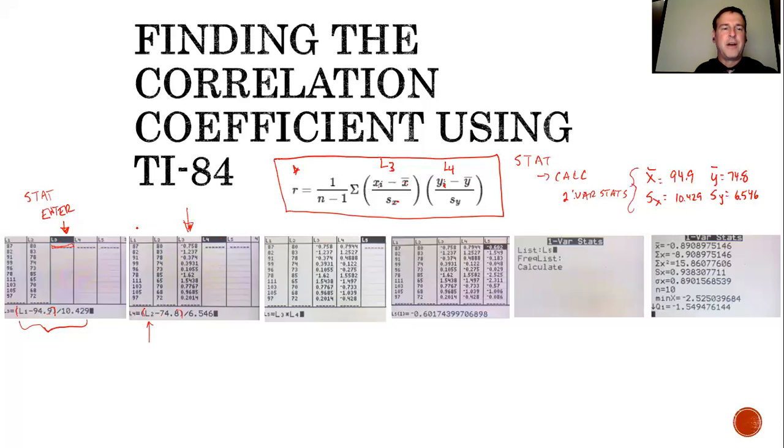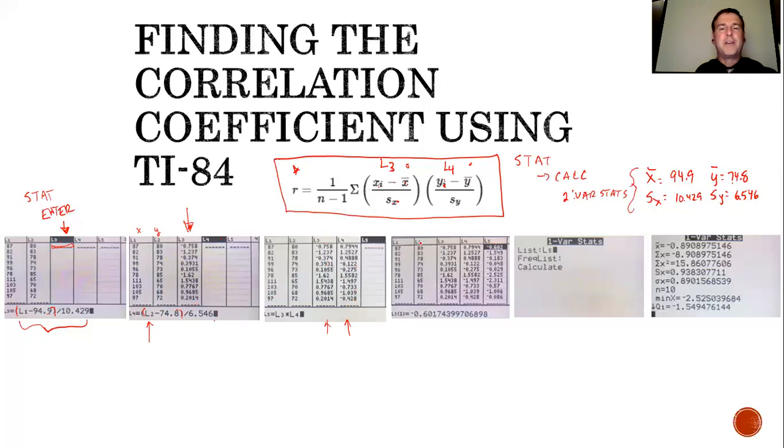This is where all my x's are, and that's where all my y's are. So L2 minus 74.8, which is what you found over here, divided by 6.546. Work that out, and you now have these two items right here, your L3 and your L4.